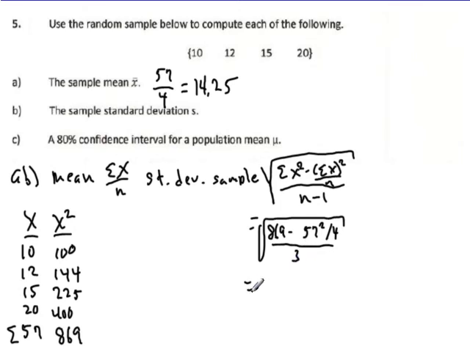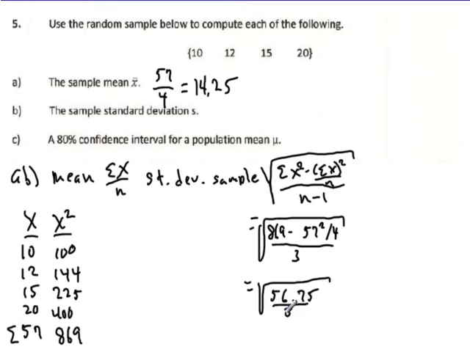Now, if you get this, then the rest is just carefully plugging into your calculator. Some calculators can do this all at once. What I would do if you're unsure is to take the 57 and square it and then divide by 4. After you get that answer, then you can subtract that off of 869. You can confirm that when you do that, you get an answer of 56.75 on top over 3.